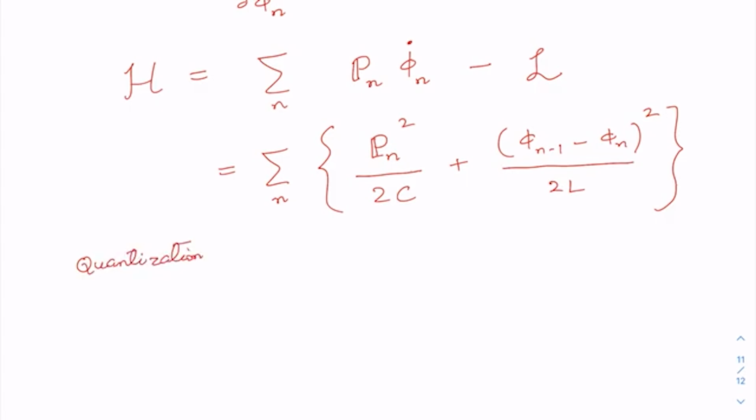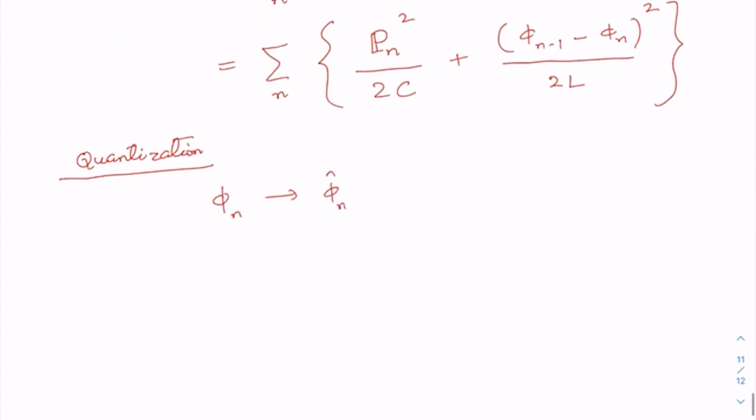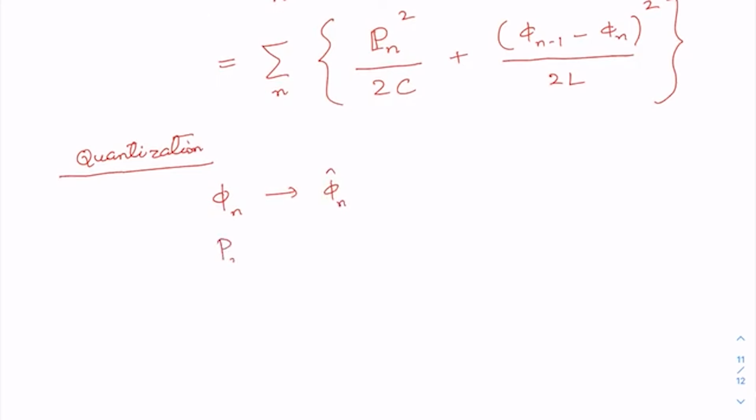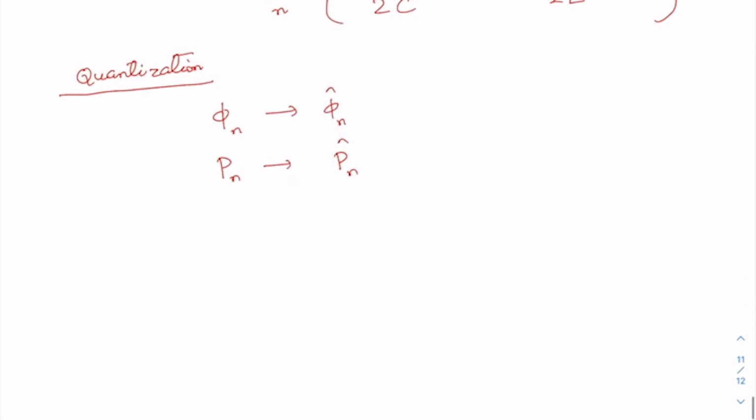We replace the coordinate φ_n by the corresponding operator, and the momentum P_n by the momentum operator, and then write down the Heisenberg uncertainty relation in commutation form, [φ_n, P_n] = iħ.